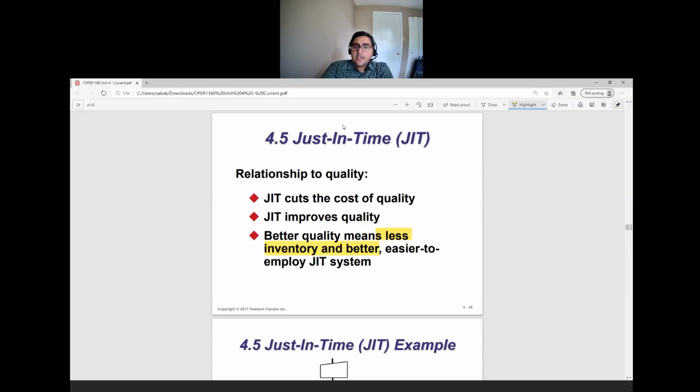We took some examples, and the last thing is called just-in-time inventory. It is a method of significantly reducing your inventory levels. If you are able to reduce inventory levels to a great extent, then the process will be very, very effective. So that's all about just-in-time as well.